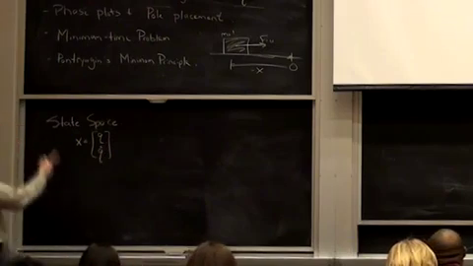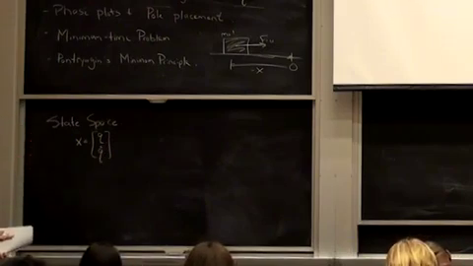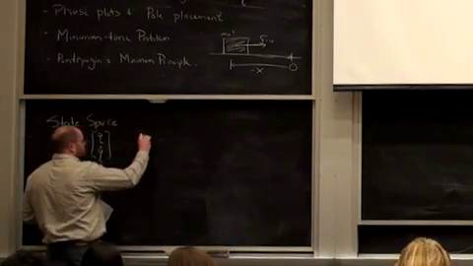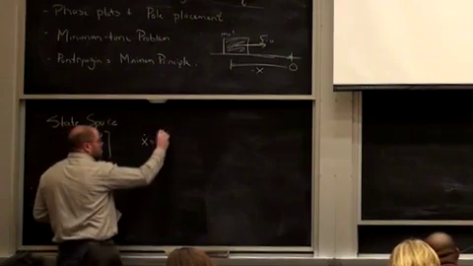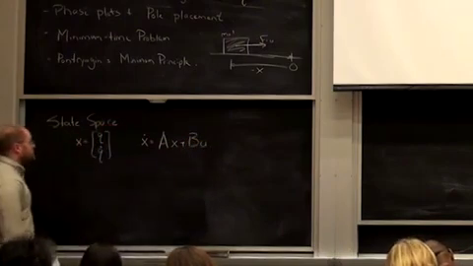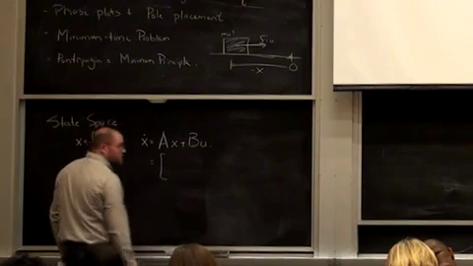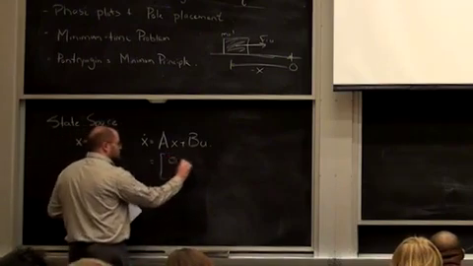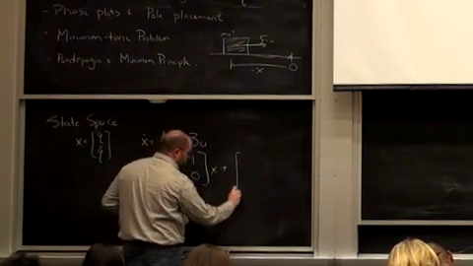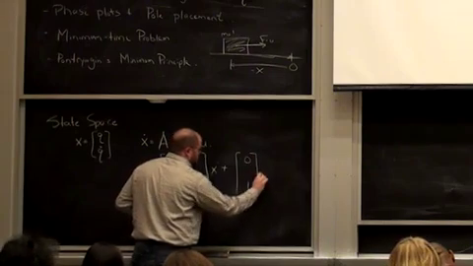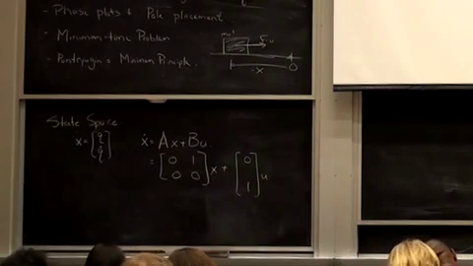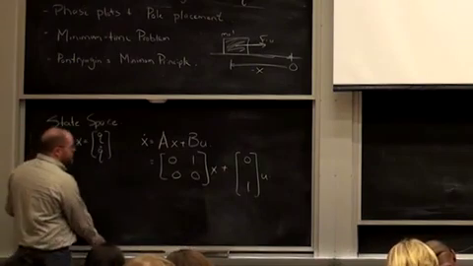Okay? And that dynamics there is the simplest state space form you're going to see, but a state space linear equation will have the form Ax plus Bu. In our case, it's going to be the trivial [0, 1; 0, 0] times x plus [0; 1] times u, right? Okay, it's not going to get easier than that, but we're going to use that form because that's going to help.